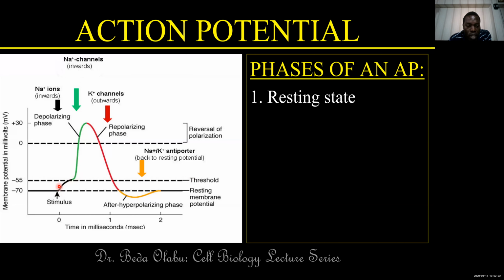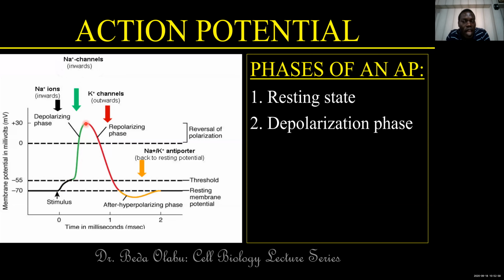If you have opening of voltage-gated sodium channels, you are going to have massive sodium influx. And that means that the membrane polarity is going to undergo depolarization. It's going to reach 0 and even make the inside positive compared to the outside. So this phase of the action potential is what we call the depolarization phase.